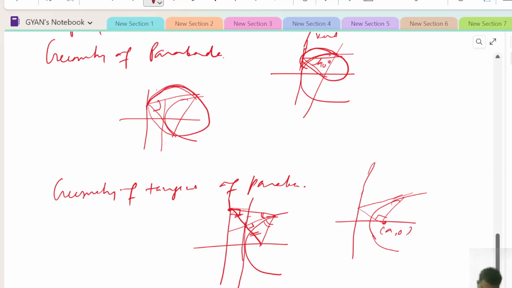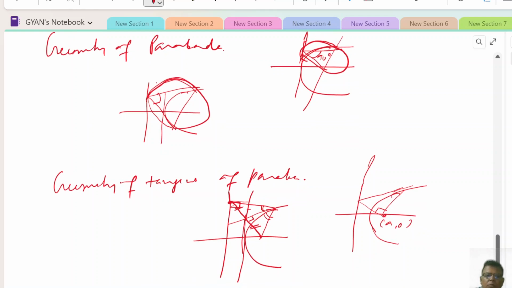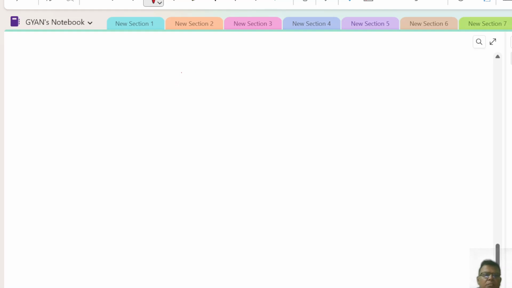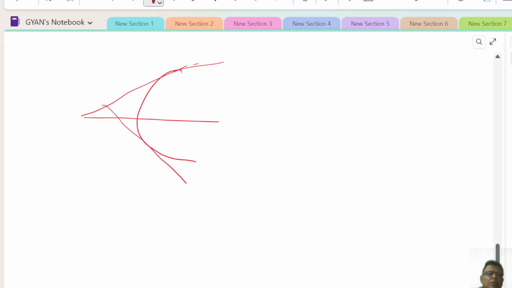This can be utilized for solving problems. One more thing you see here. Suppose this is a tangent and here also a tangent, and the point of contact is passing through this one. The slope of this one is T1, this slope is T2, and this one is T1. T1 into T2 is equal to minus 1 for any focal chord.